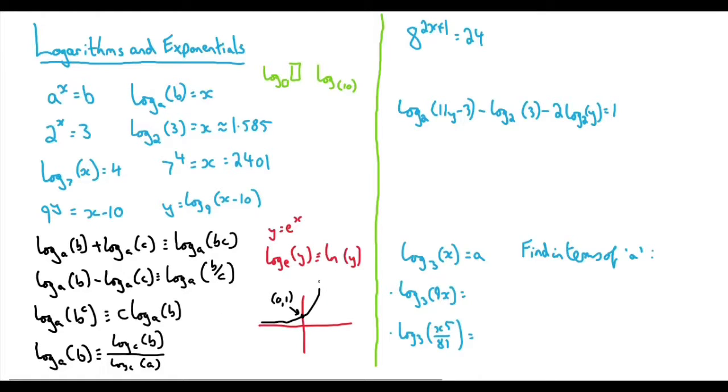This, in fact, is the shape of the graph for any number with x as the power. It always goes really shallow on the left and really steep on the right and passes through 0, 1, because anything to the power of 0 equals 1. The important thing there is just to get the shape and to quote that coordinate.